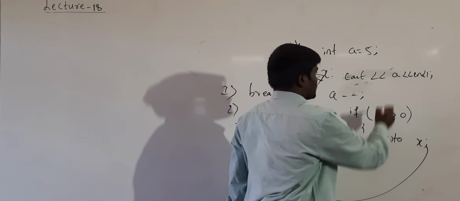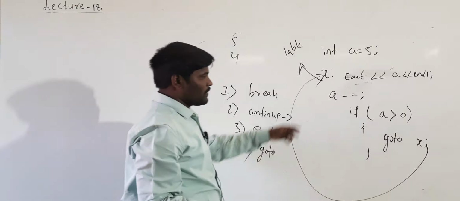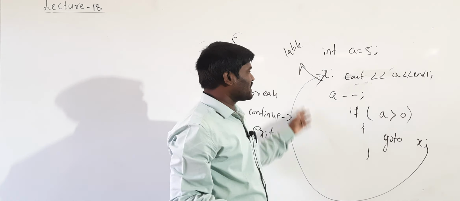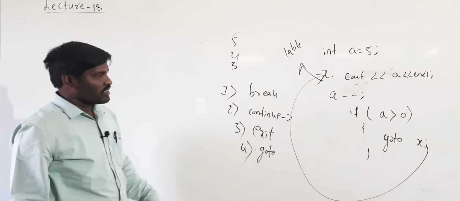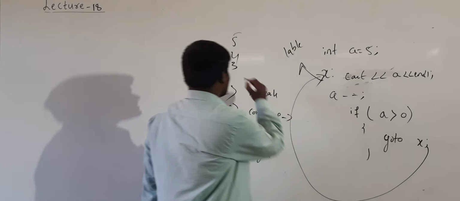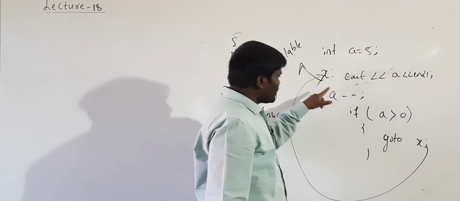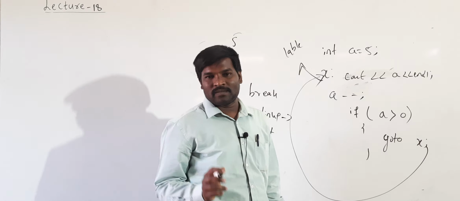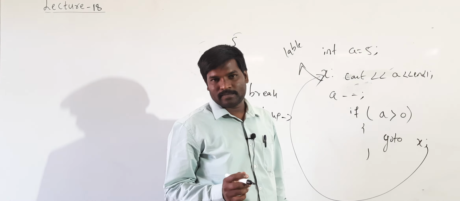Cout a, the present value of a is 4. a minus minus, 3 is greater than 0. Goto x, again it will come here. a will be printed, that is 3. Next a minus minus, 2 is greater than 0. Goto x, now it is 2. a minus minus, when the a value becomes 0, 0 is greater than 0, the condition becomes false. So like this goto will work.